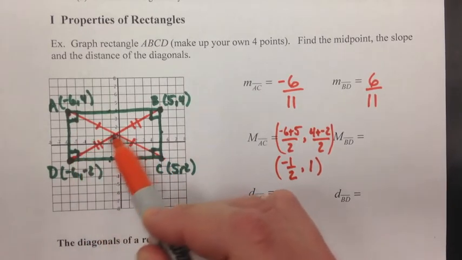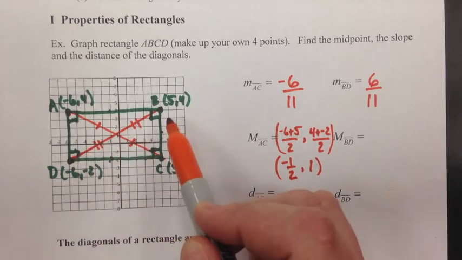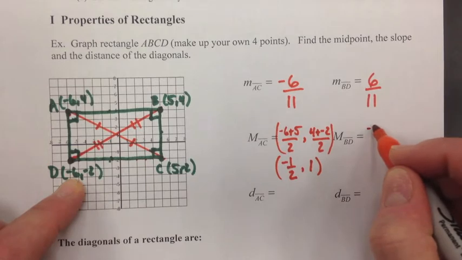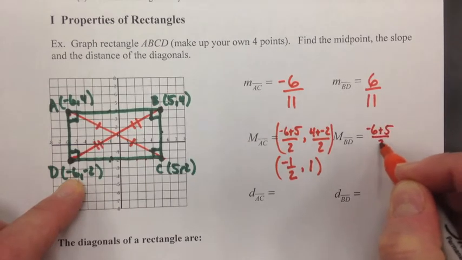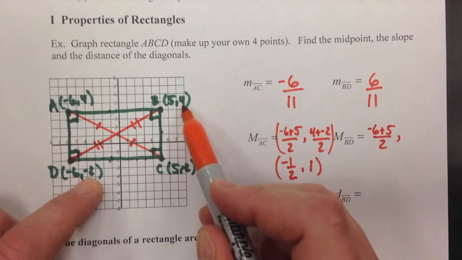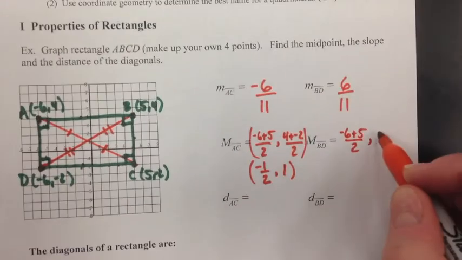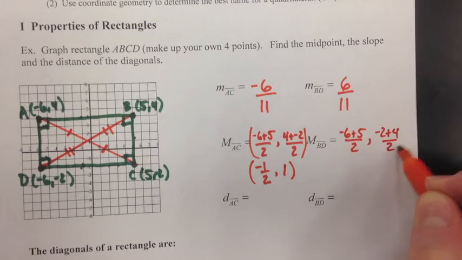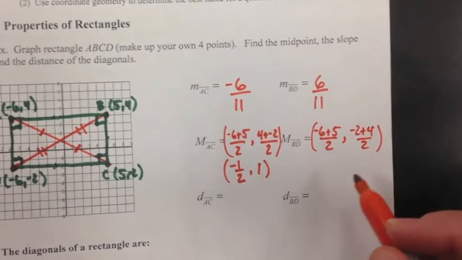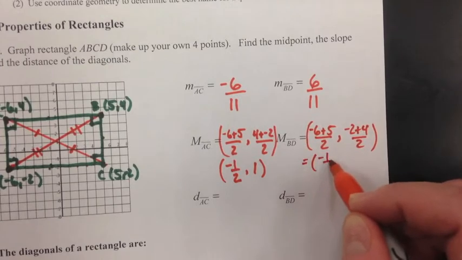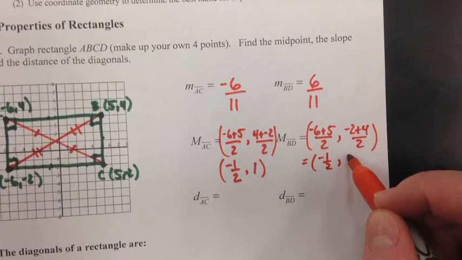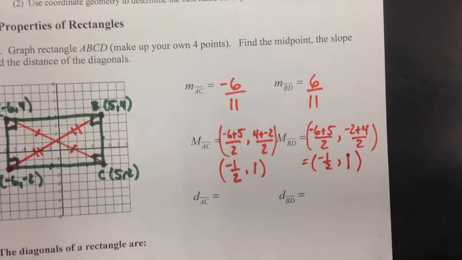The midpoint of DB, I'm going to add the x's, negative 6 plus 5 over 2, comma, add the y values, which are negative 2 plus 4 over 2. And look at what happens. This is negative 1 over 2, so it's negative 1/2, comma, negative 2 plus 4 is 2. 2 divided by 2 is 1.